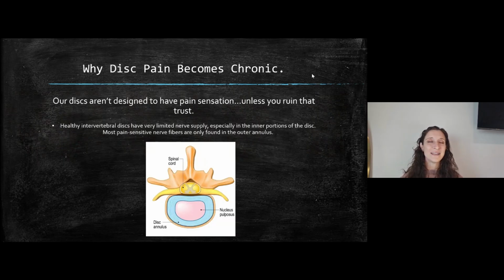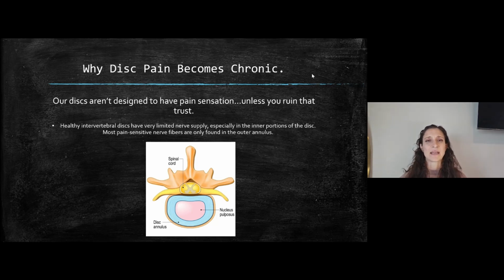So why does something like disc pain even happen? A lot of our patients don't realize this, but you're not born with a lot of pain receptors in your lumbar spine. Once we start to develop a chronic injury, there's just a very trippy alarm system that goes off.